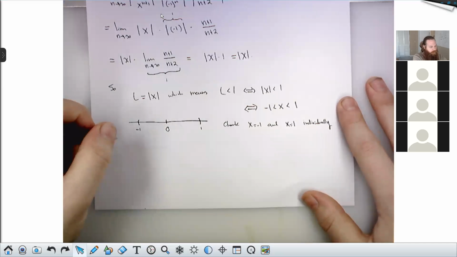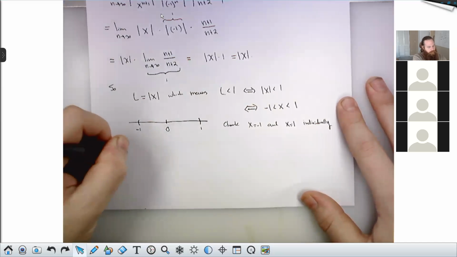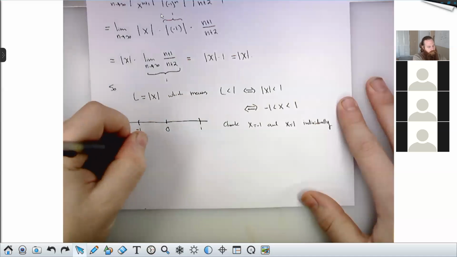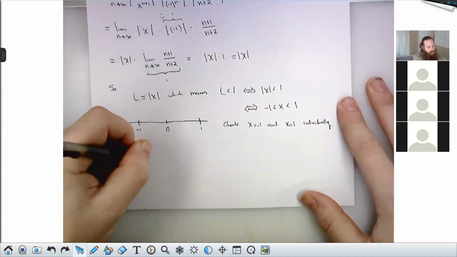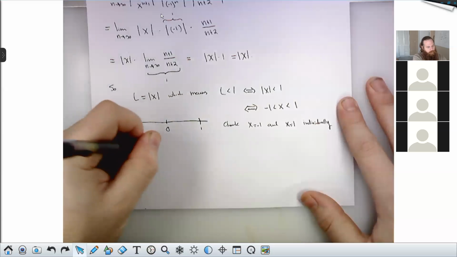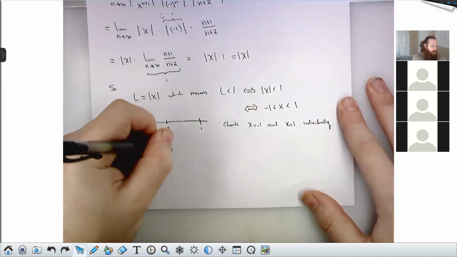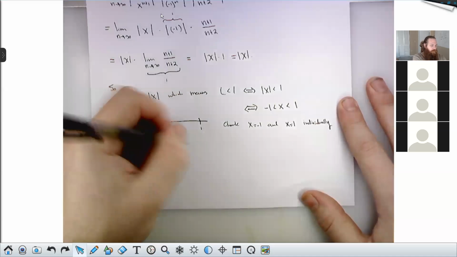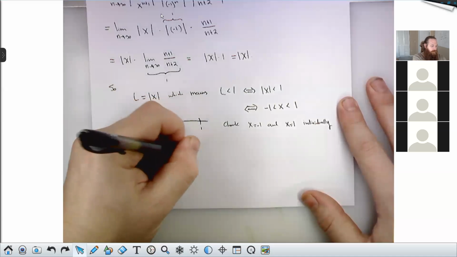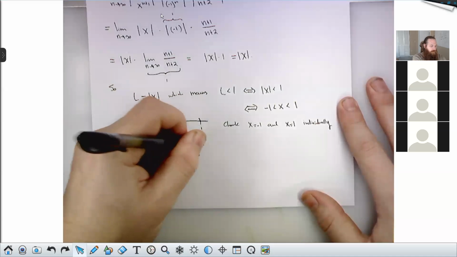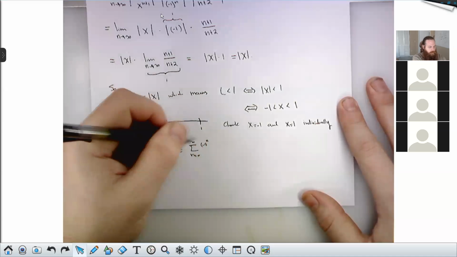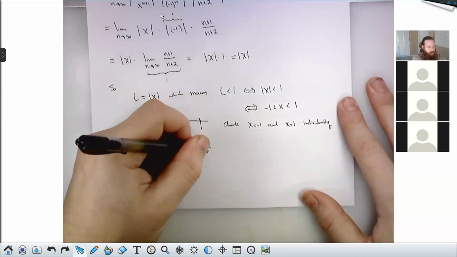When x is equal to 1, my series is sigma n from 0 to infinity, negative 1 to the n over n plus 1 times 1 to the n plus 1, which is sigma n from 0 to infinity, negative 1 to the n over n plus 1.